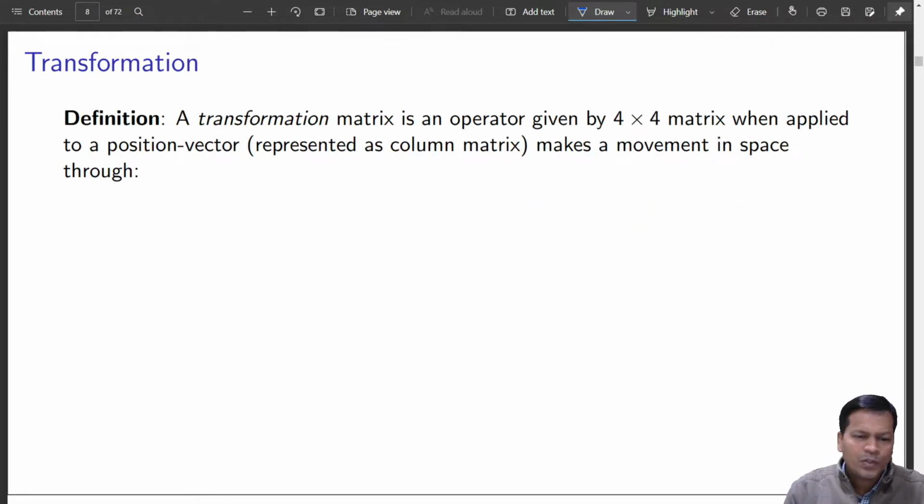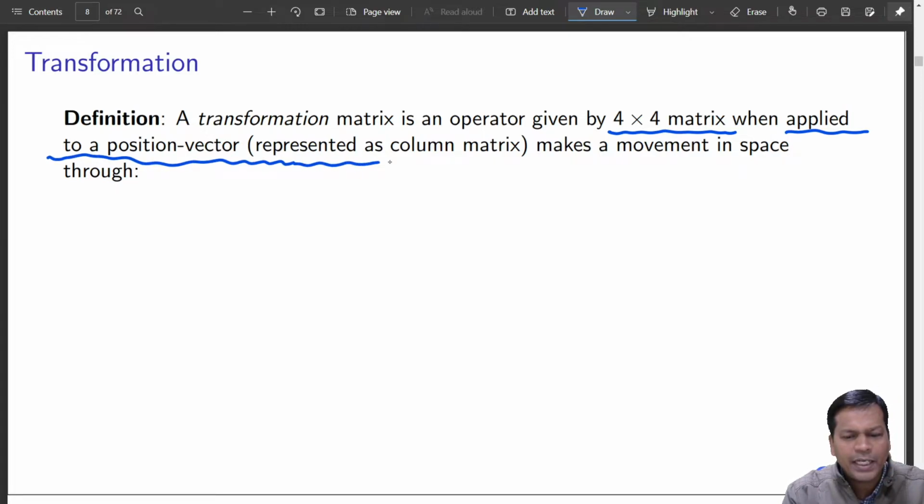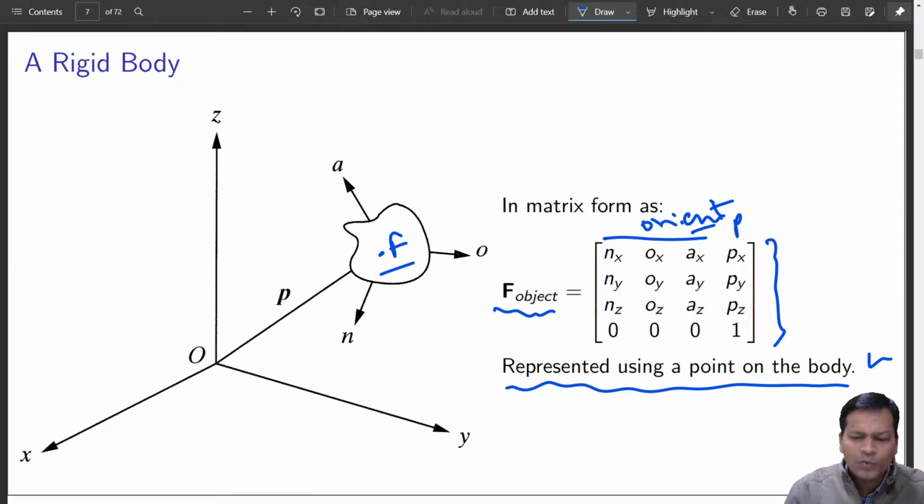Now what is a transformation? A transformation matrix is an operator, given by a 4 cross 4 matrix, which when applied to a position vector represented as a column matrix makes movement in space. So transformation will move the whole of this object in space.